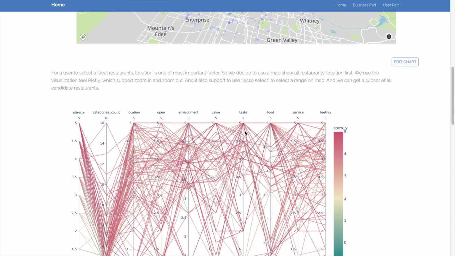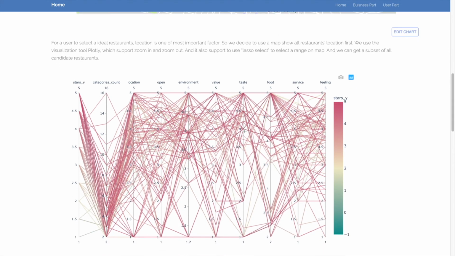Secondly is a parallel coordinate. Because the business data is high dimensional data, we use parallel coordinates to visualize it, and each line here is a specific restaurant. The red line means the star is higher, and the green line means the star is lower than the others.